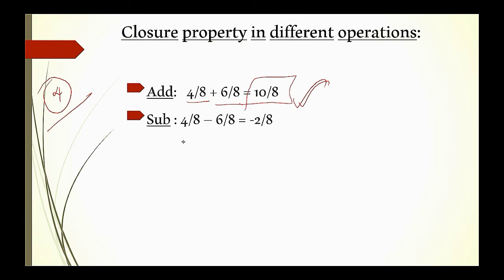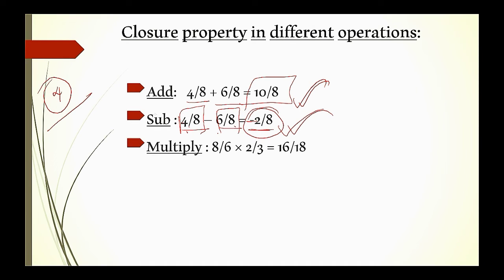When I subtract 6 by 8 from 4 by 8, both rational numbers, I get another rational number, minus 2 by 8. It is also a rational number. So closure property is closed under subtraction.